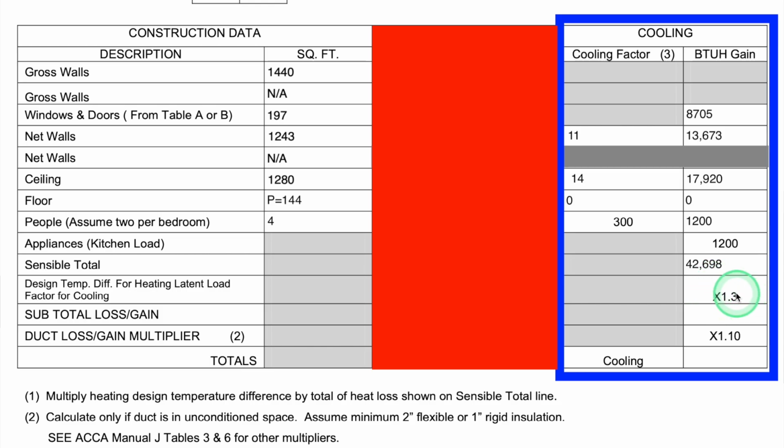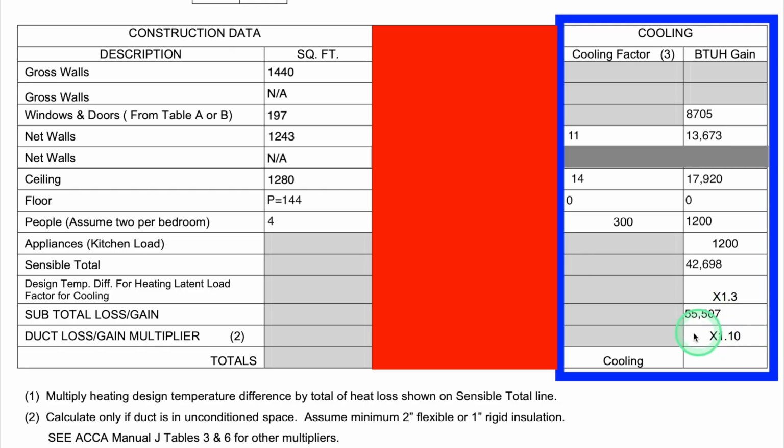This would be a given constant for latent. This is the number we're going to use for this worksheet. So let's multiply 42,698 times 1.3. 42,698 times 1.3 equals 55,507 BTUs heat gain so far.